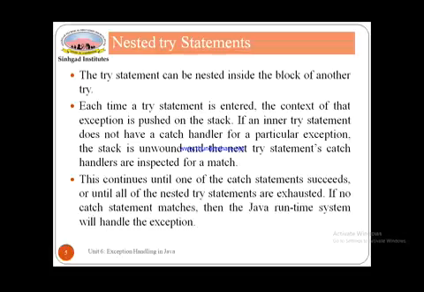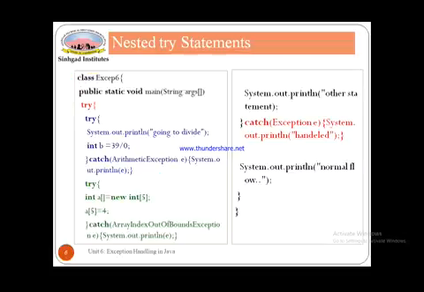If an inner try statement does not have a catch handler for a particular exception, the stack is unwound, and the next try statement's catch handlers are inspected for a match. This continues until one of the catch statements succeeds, or until all of the nested try statements are exhausted. If no catch statement matches, then the Java runtime system will handle the exception.